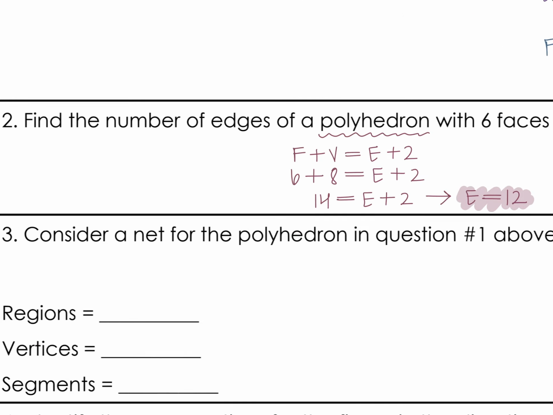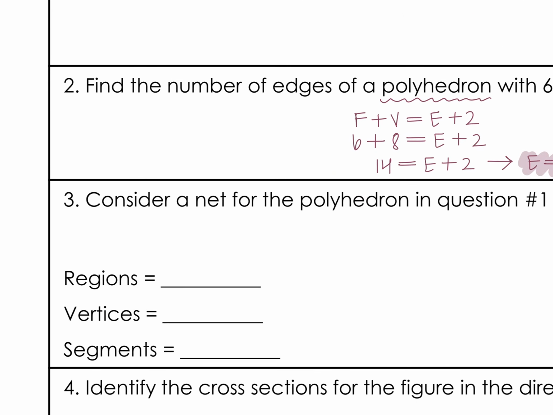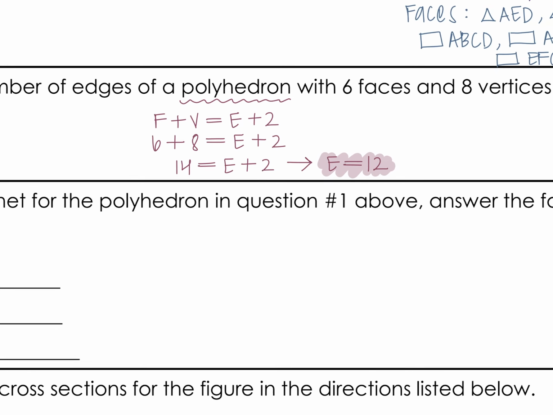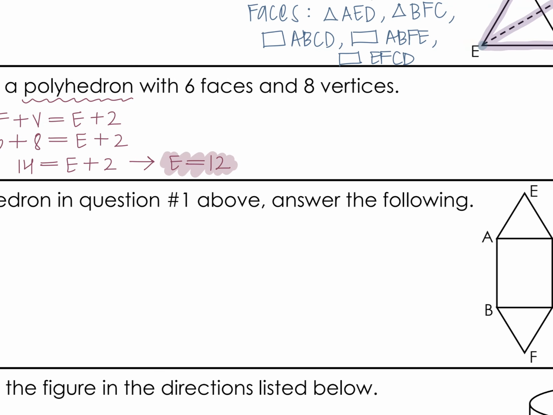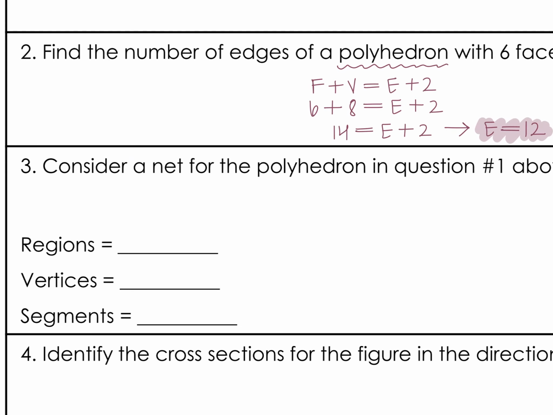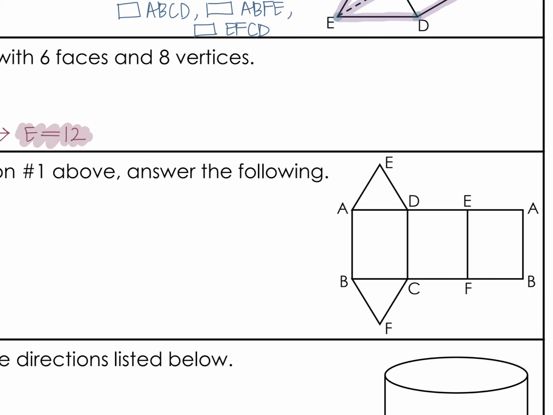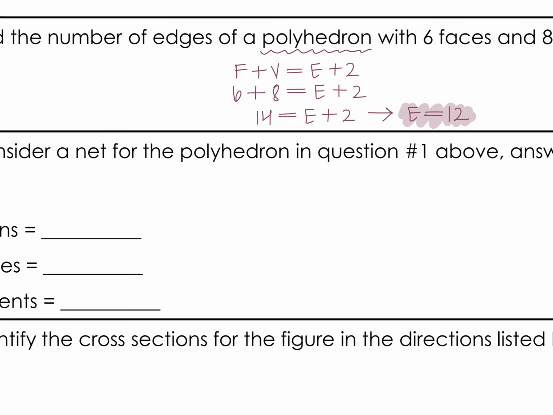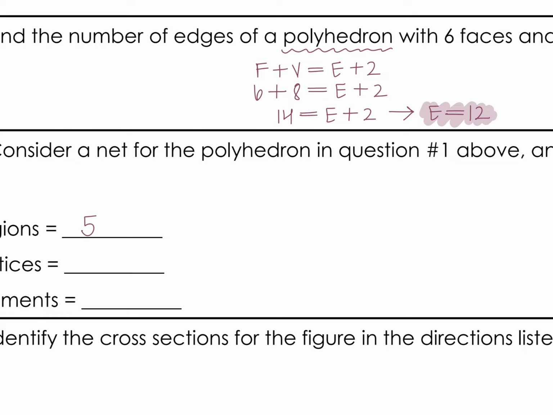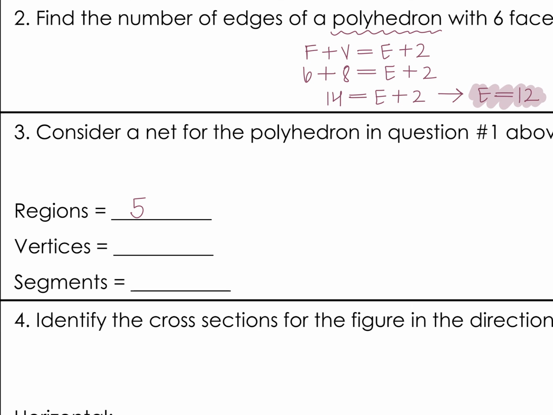Now let's look at number 3. For number 3, we have: consider a net for the polyhedron in question 1 above. Answer the following. They're asking to start off with the number of regions. Remember, regions are like our faces, but since it is 2D, it's just the polygons, the flat surfaces. For example, we have 1, 2, 3, 4, 5 regions. Then we were asked about our vertices.